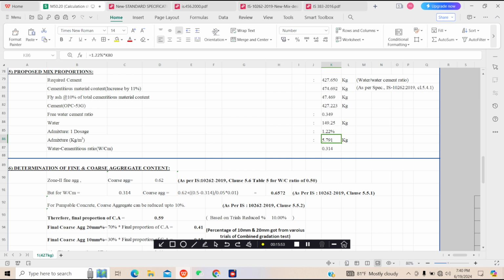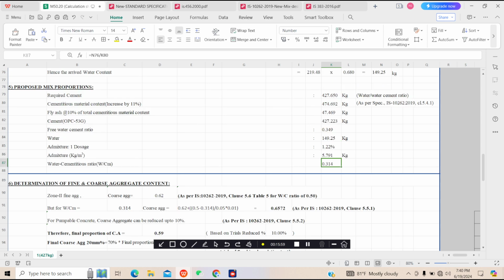Now this one is the water cementitious ratio. This one is different from the water cement ratio. Since in this M50 grade concrete we have used fly ash, cement and fly ash together are called the cementitious material. So here we have to take the water cementitious ratio, not the water cement ratio.